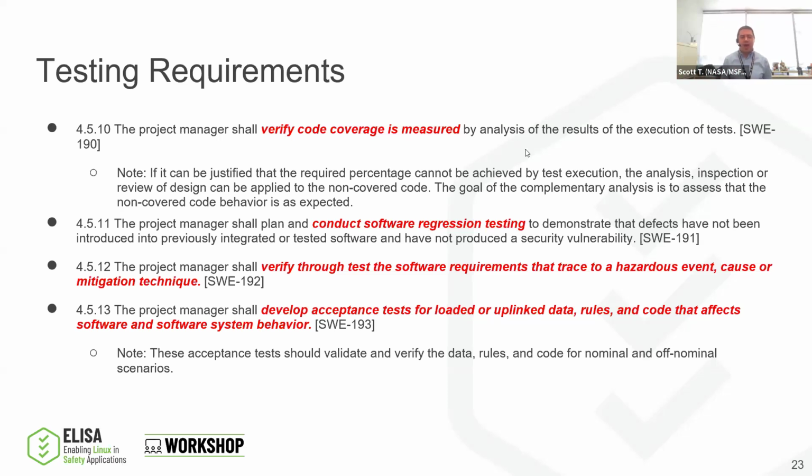The last aspect I have on this is any acceptance tests for loaded or uplinked data, rules, and code that affects the software and the software system. Those all need to be tested, validated, and verified. A lot of us are starting to go more towards data-driven systems. So as you're doing some of these offline configurations, you can test the code, but what about all the data that you're putting into it?